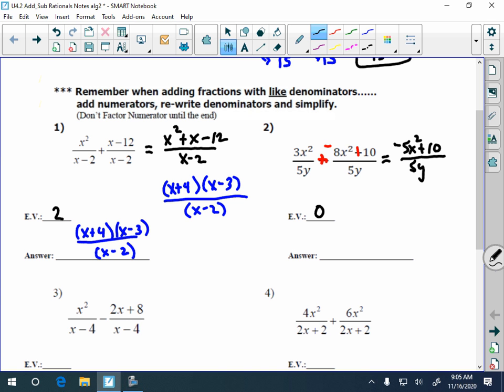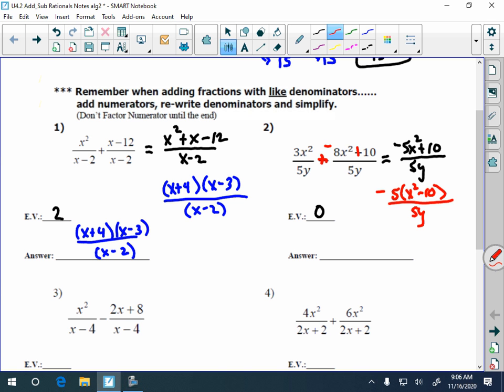So this is where we try to factor. On top, there's a GCF I can pull out. I can pull out a 5, or I could pull out a negative 5. It doesn't matter, so I'll just pull out the negative 5. So I divide by negative 5. That's factoring the negative 5 out.